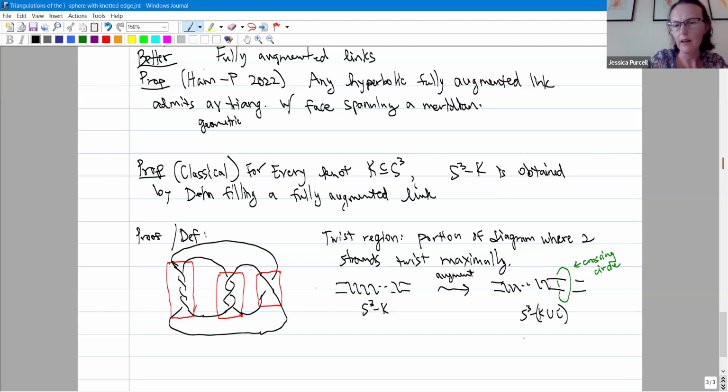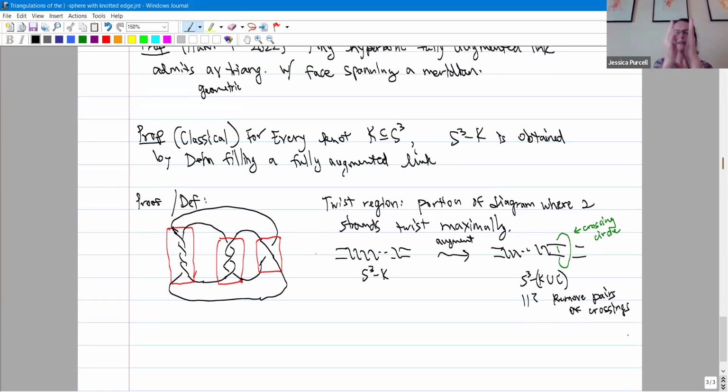But conveniently, this is homeomorphic to the thing that you get by removing pairs of crossings. You can do this by just cutting along the disk, and spinning it a full twist around, and this can remove 2 crossings at a time. You do this as much as you possibly can, and you either end up with no more crossings in your twist region, or you might have 1 left over.